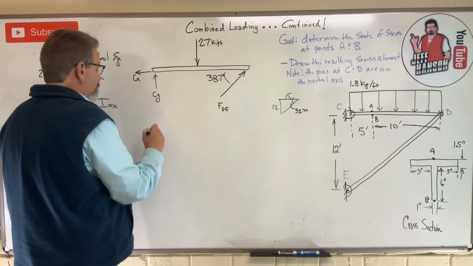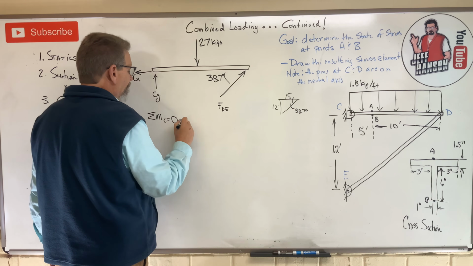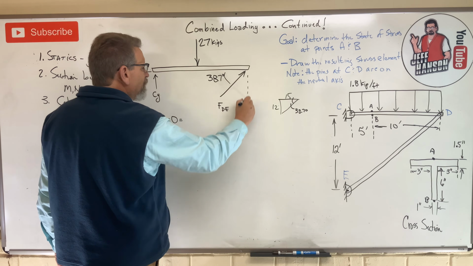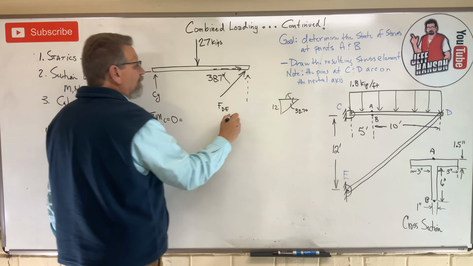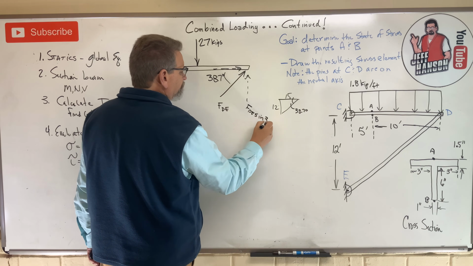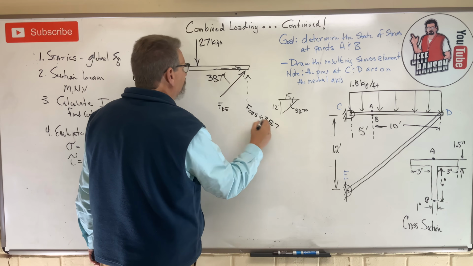Okay? So sum of the moments at point C is what? Should we break this guy into components? I see a vector at an angle. This is FDE sine 38.7.